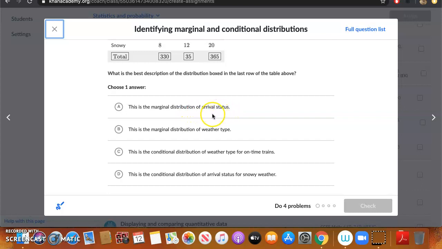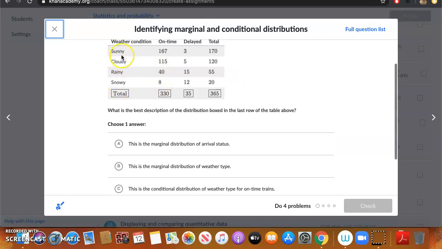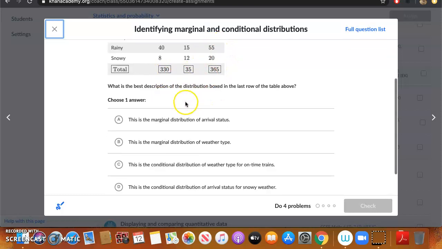That definitely looks like a candidate because they are the arrival statuses for the trains: 330 arrive on time and 35 are delayed. B is the marginal distribution of the weather type. Well, the weather types are these, so these totals would relate to the weather types, not these. So that can't be it.